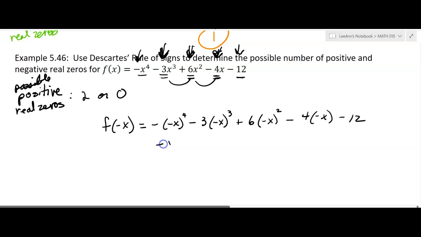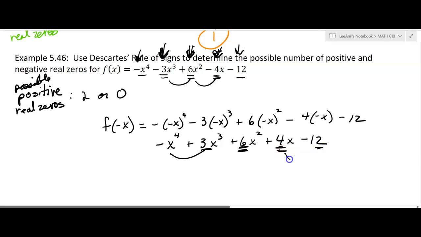So this is going to be negative x to the 4th. This is going to be plus 3x cubed. This is going to be plus 6x squared. This is going to be plus 4x, and then minus 12. So negative to positive, 1 sign change. Positive, positive, no sign change. Positive, positive, no sign change.